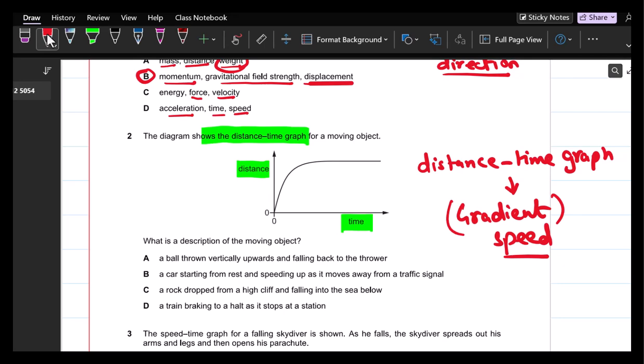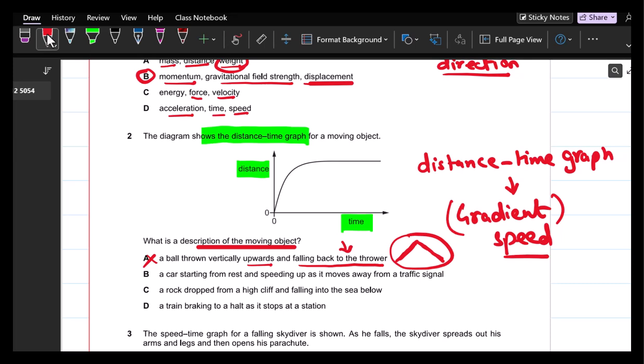So learners, what is the description of the moving object? A ball thrown vertically upwards and falling back to the thrower. This indicates that distance is increasing and then it decreases because the ball is coming back to the thrower. Distance increases and then decreases, so speed is varying here. So this is not the possible option.